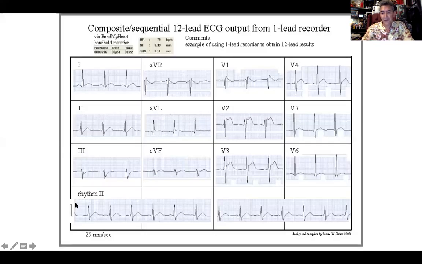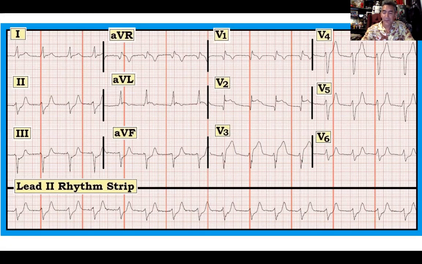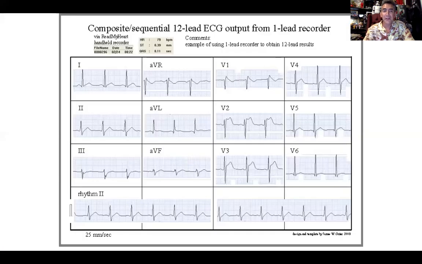Same thing, just a different brand of paper, a different company. Our composite 12 lead: lead 1, 2, 3, the calculated AVRs, the V1 through V6 leads, 12 leads. We analyze lead 2, this little 2-3 second interval, and the same thing, rhythm 2, except we have the entire 10-second strip there.